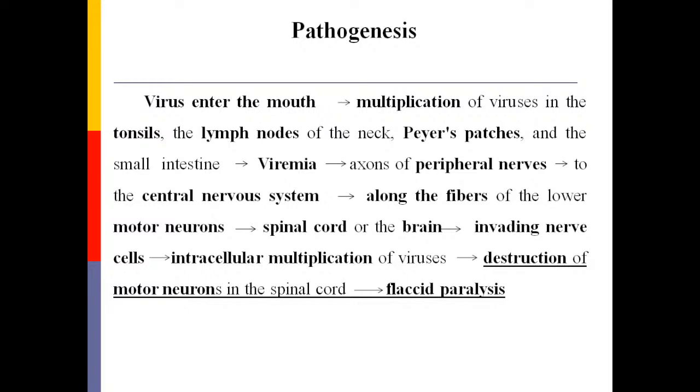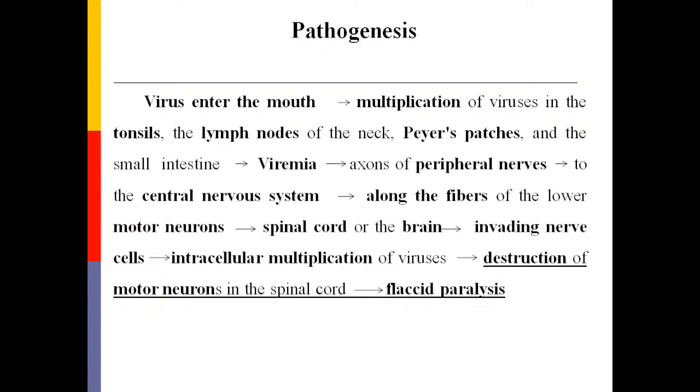Flaccid paralysis is due to inability to cause muscle contraction. You remember that motor neurons are connected to muscles. They are destroyed, so it causes inability of muscle contraction.